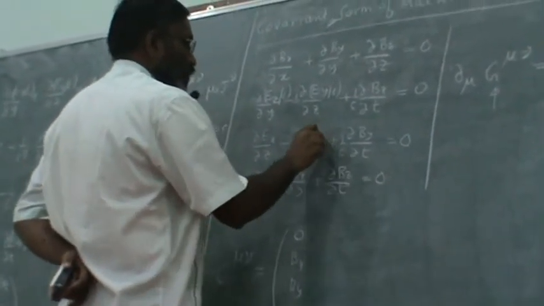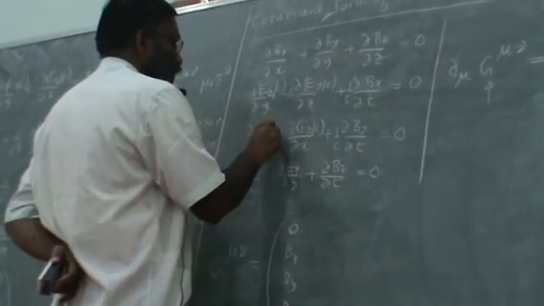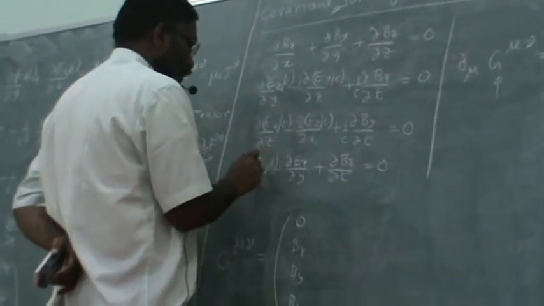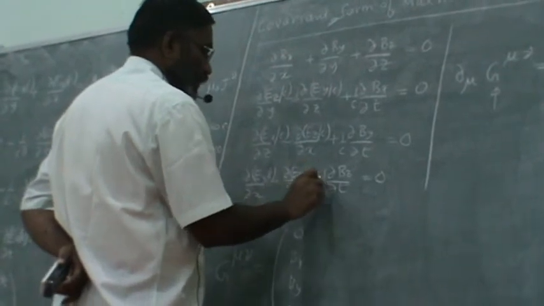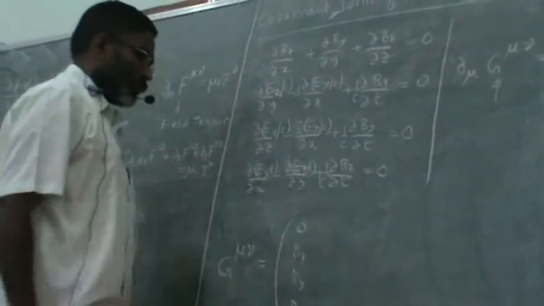Because the right hand side is 0, I don't have any problem in multiplying it by 1 by c, so that this becomes ∂0.